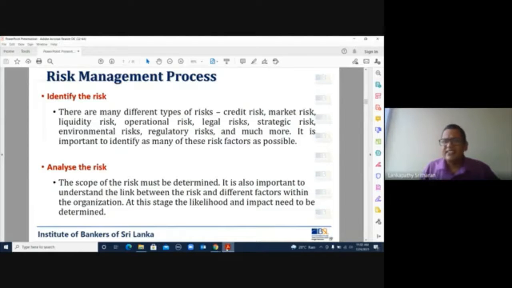The first one is credit risk. What is credit risk? If the counterparty we invested with defaults and we cannot get our money back, that involves credit risk. The market risk may be interest rate risk or price risk. And liquidity risk, in the sense that whenever we need the money immediately, if we cannot convert a particular investment into liquid assets, that may create a liquidity risk.